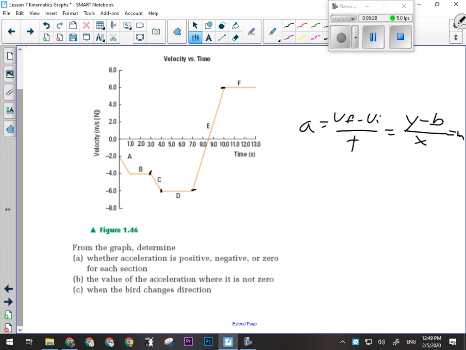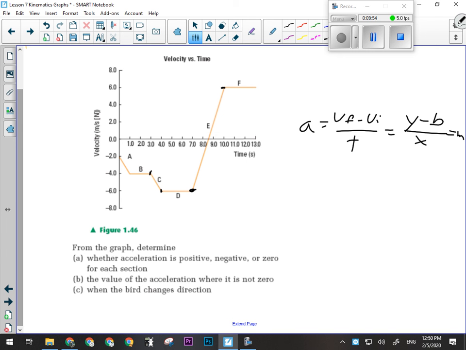Okay, 7 seconds is the answer I usually get from people. But here's the thing we have to recognize. We see the line change direction, which means the acceleration has changed from being 0 to a positive value. But is the bird still flying backwards there? Yes. The bird's velocity here is still negative, which means it's still flying backwards.